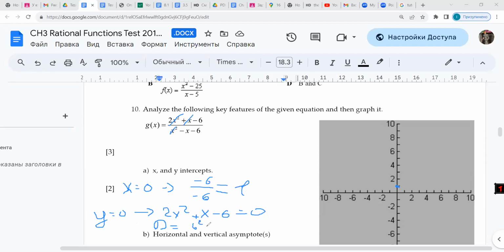So b squared minus 4ac equals 1 plus 8 times 6. 8 times 6 gives me 48, which results in 49. Thus, the square root of the discriminant would be equal to 7, if I'm not wrong.